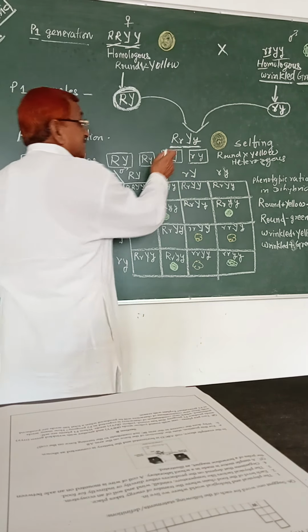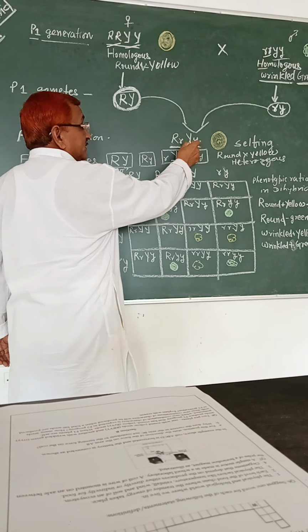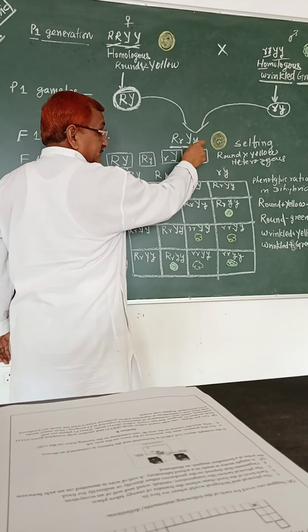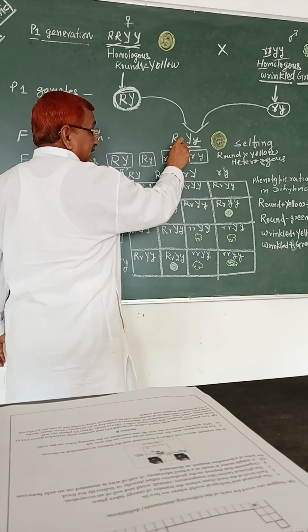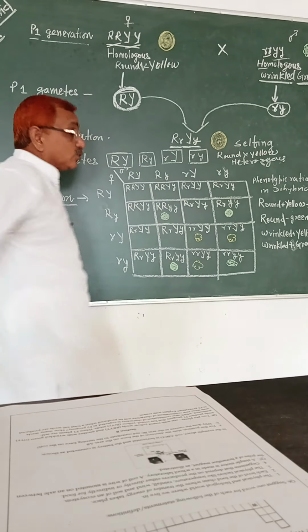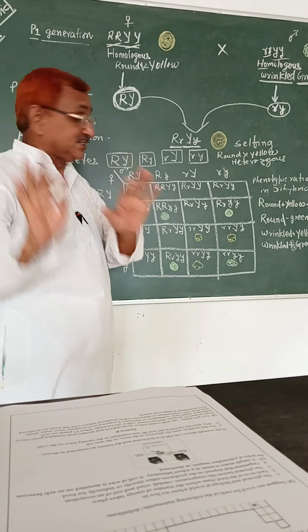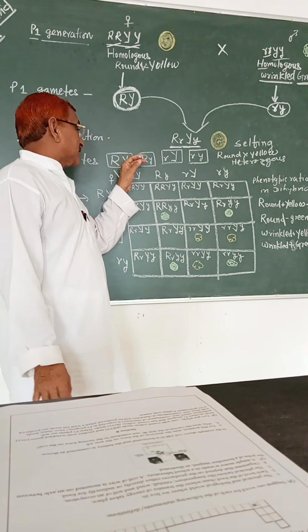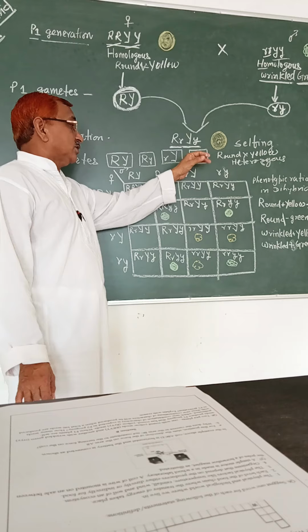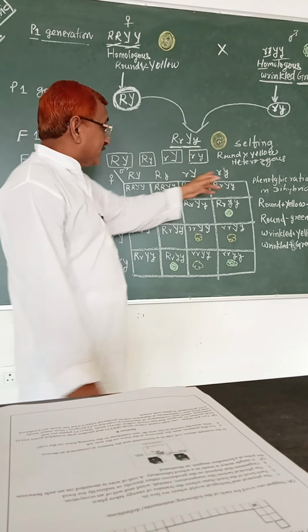What are the 4 probabilities? Capital R may go with capital Y, capital R may go with small y, a small r may go with capital Y, or a small r may go with a small y. So the 4 gametes are capital R capital Y, capital R small y, small r capital Y, and small r small y.